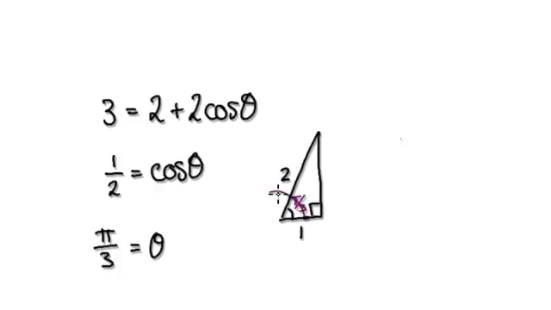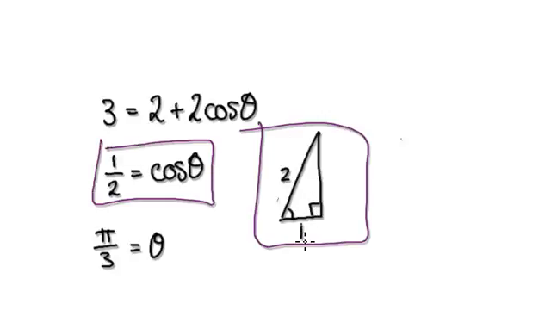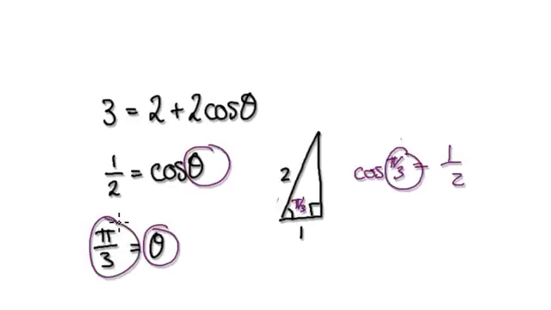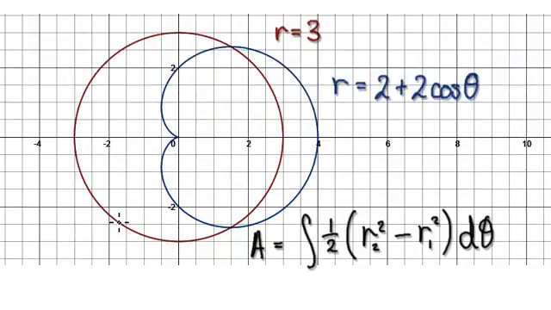So cos of the angle pi over 3 equals a half, which means the angle must be pi over 3. So this angle here is pi over 3.